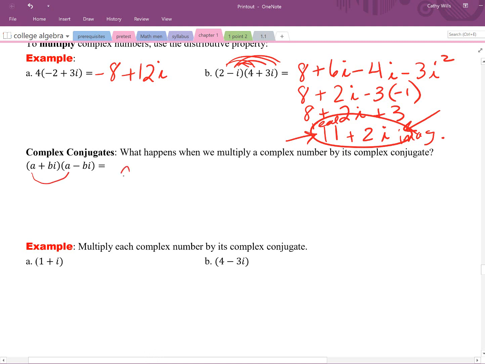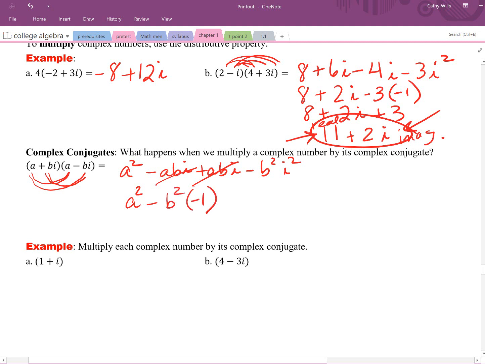So a times a is a squared, and then you would do first outer, so that would be minus abi, and then plus abi, and then minus b squared i squared. So these cancel, and then you end up with a squared minus b squared times i squared, which is negative 1. So in this case, you end up with a squared plus b squared.